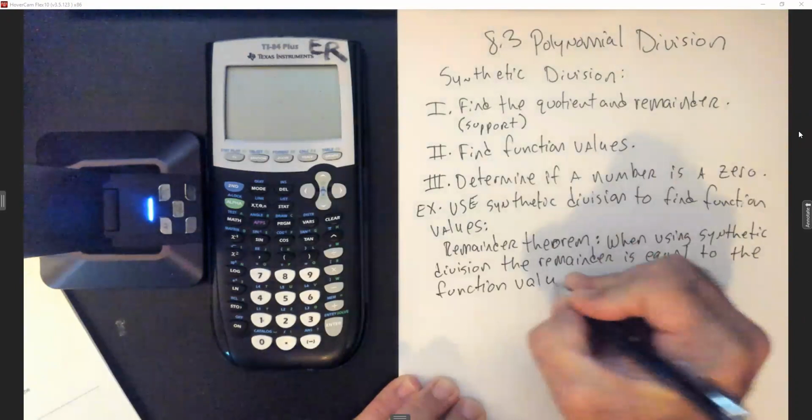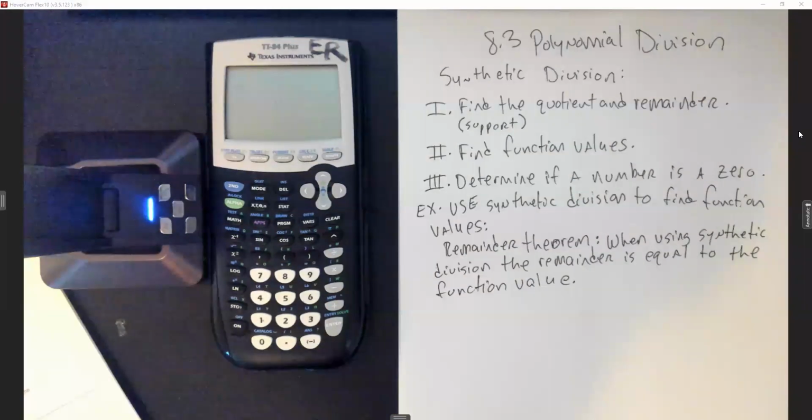So what that means is if you were trying to find f of 5, then f of 5 would equal the remainder that we get from doing the synthetic division.